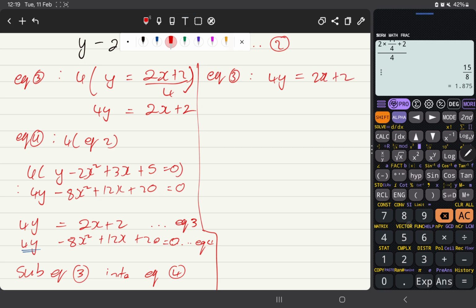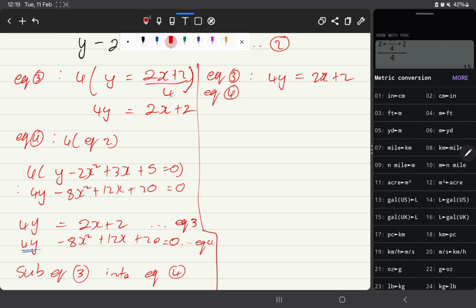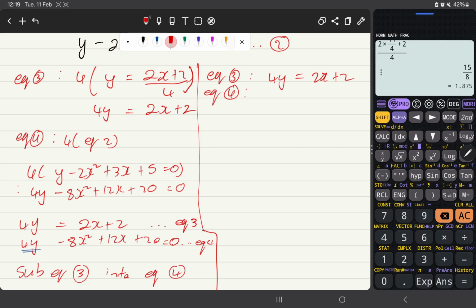For interest's sake, equation 4 looks something like this: 4y equals 8x squared minus 12x minus 20. It's a positive 8x squared, and the 12 is a minus, so minus 20. Cool.